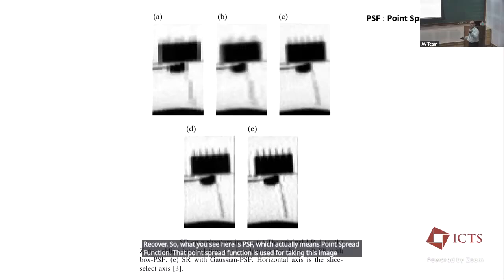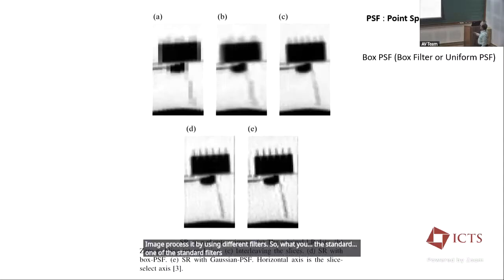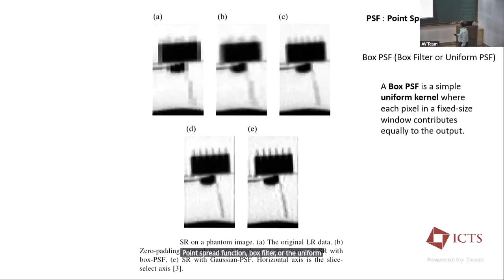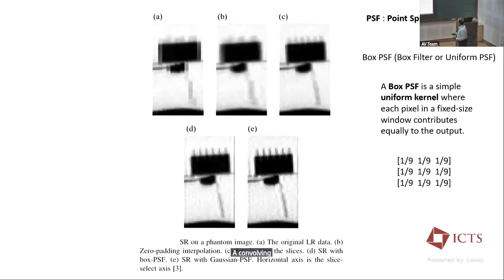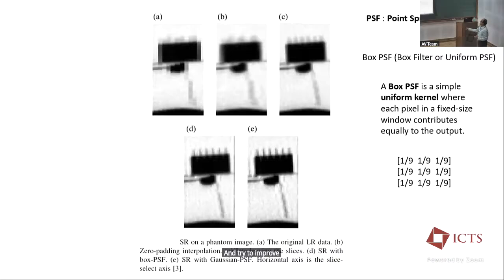Conventionally, they image process it by using different filters. One of the standard filters is the box point spread function, or the uniform filter. What does it mean? It convolves the image data window by window with a mask of this kind; you slide it and try to improve this image, given this low resolution, and try to remove the unwanted things.